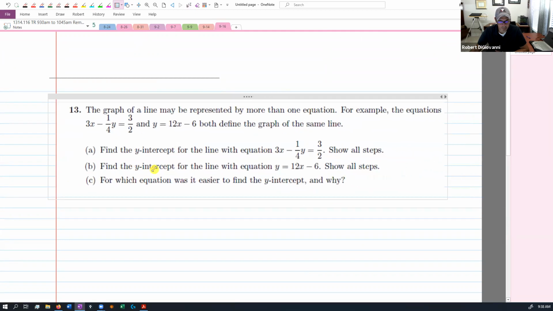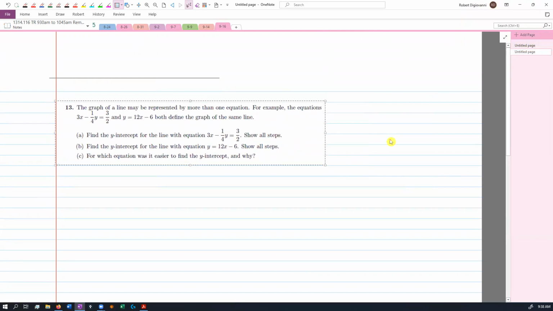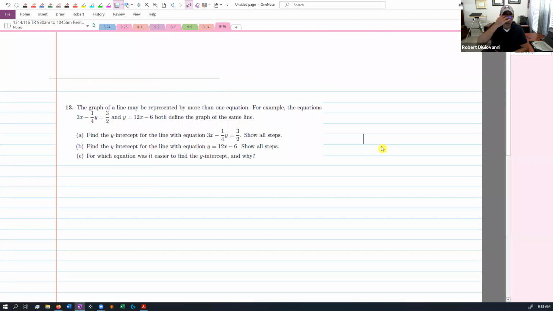This problem? Yeah. Okay. So let's read through this. The graph of a line may be represented by more than one equation. For example, these two equations that they give us both define the same line. What we've seen already is that when we have an equation, we can always move things around.